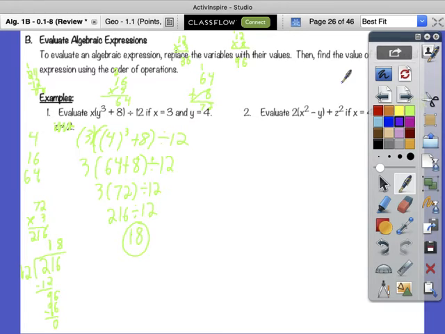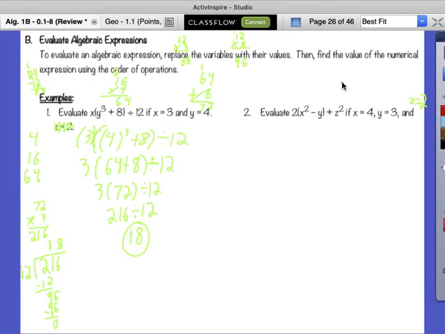So can somebody help me plug in x, y, and z here? Okay, Lainey, you wanna help me? 2 parentheses, and then 4 squared, minus 3, and then plus 2 squared.